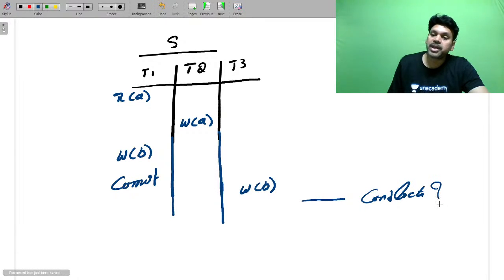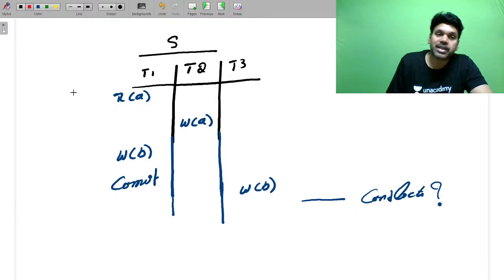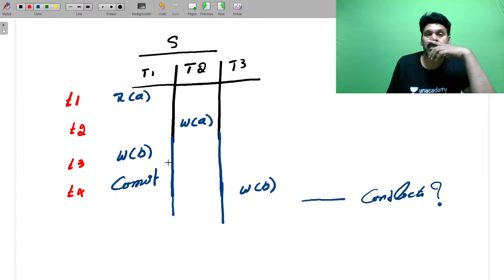So we need to be good enough to prove the conflicts, friends. So let us start the timing sequence: sequence 1, sequence 2, sequence 3 and sequence 4.